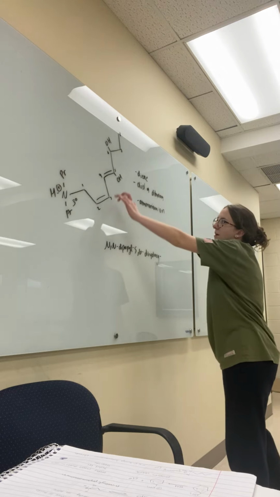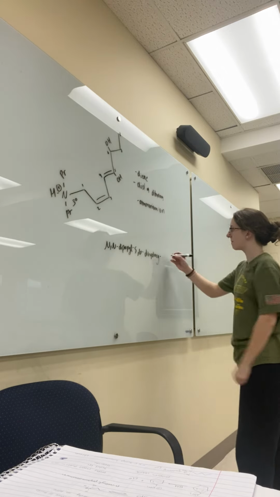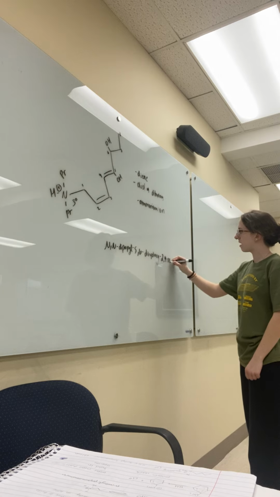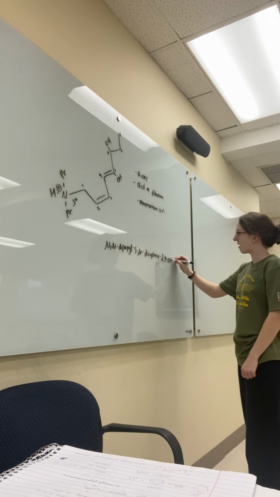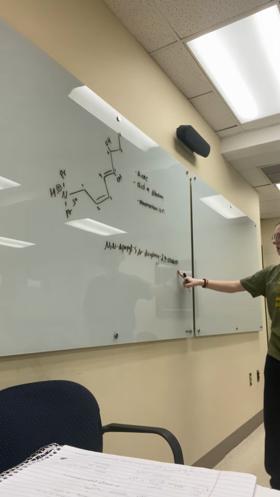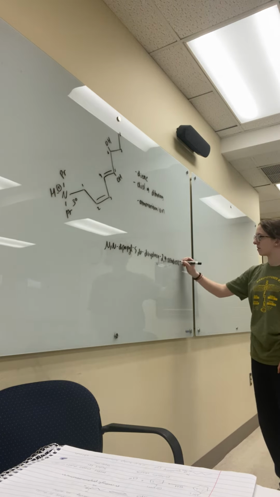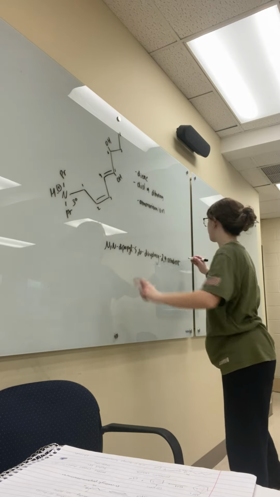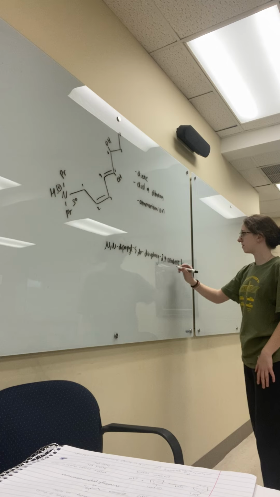Then we have 2 double bonds on 2 and 4. So we're gonna go 2, 4, octadiene. And then the ammonium ion is on 1.